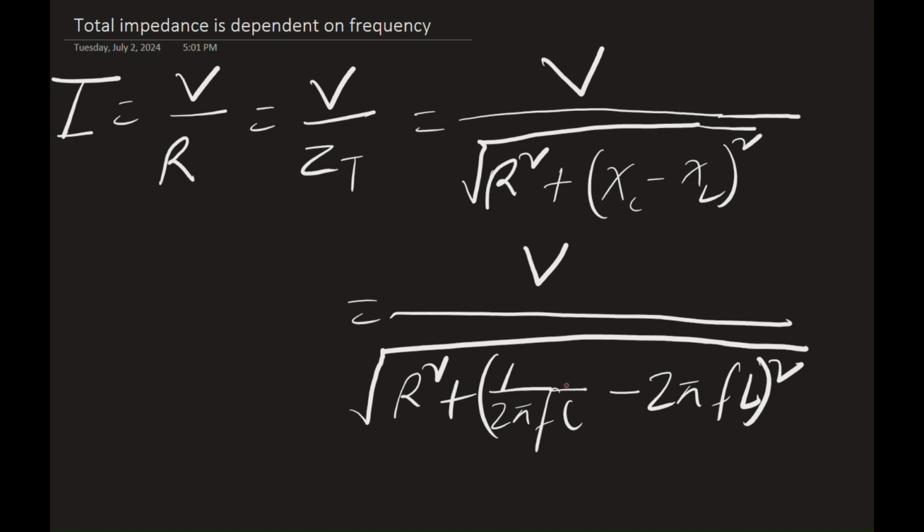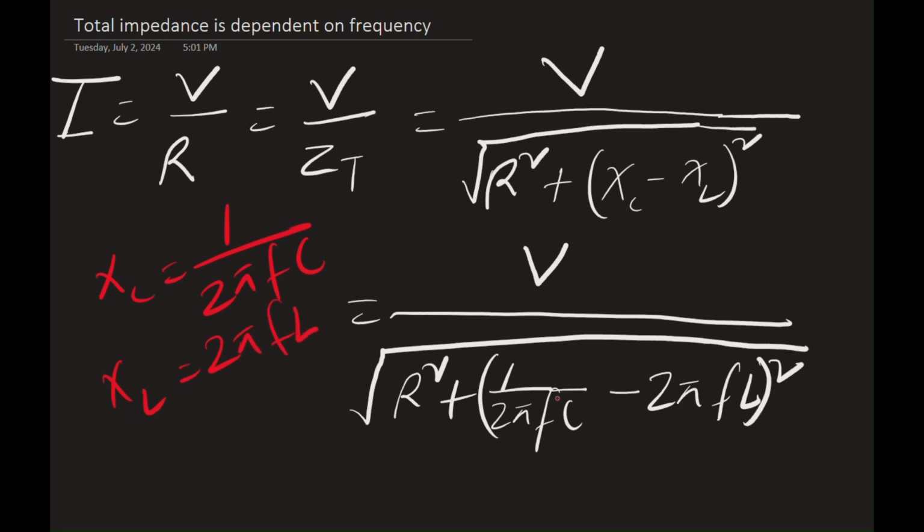These two are the formulas of XC and XL. Just write that down: XC is equal to 1 over 2 pi FC, and XL is equal to 2 pi FL.